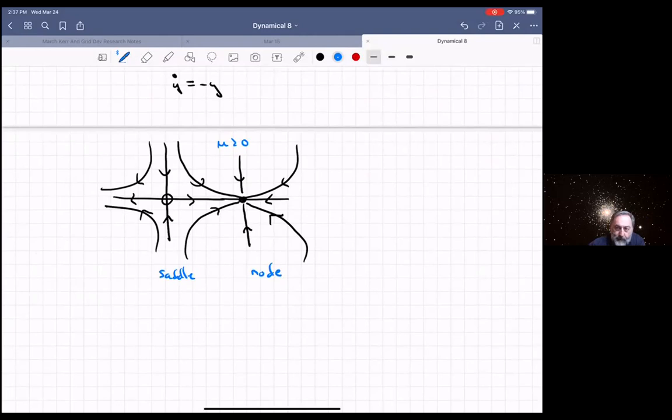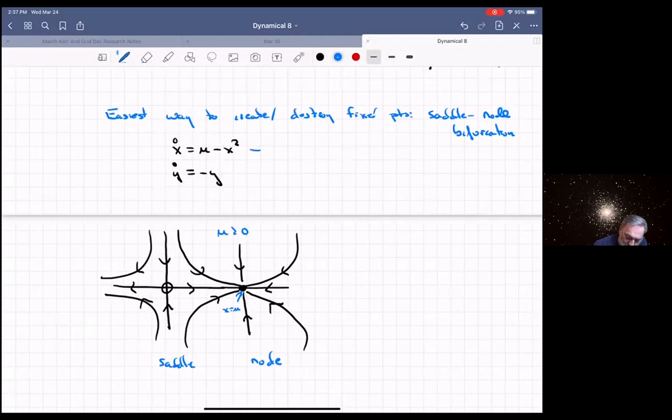Okay, good. And so this position over here is at x equals the square root of mu. That is the location of this node.